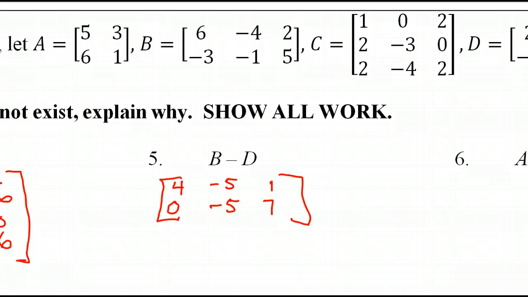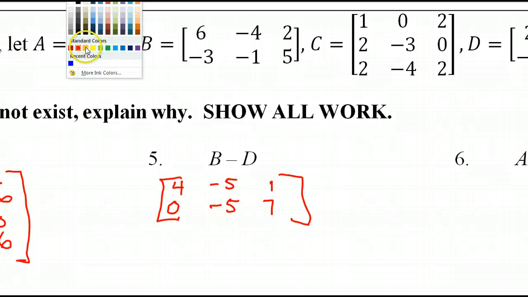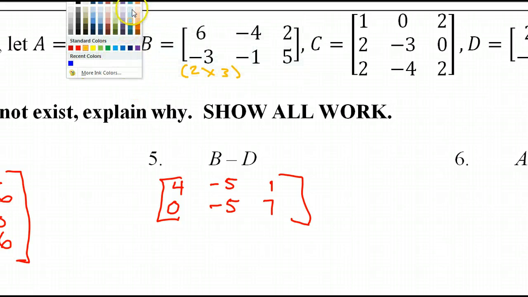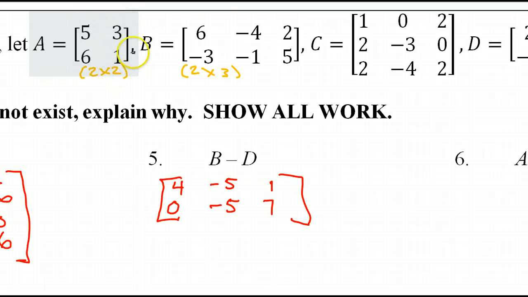All right, well first we have to make sure that it can be done. So A is a 2 by 2 matrix, and then B is a 2 by 3 matrix. For this to be possible at all, the inner dimensions have to be the same.